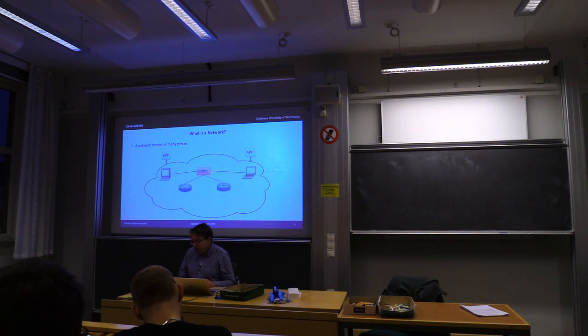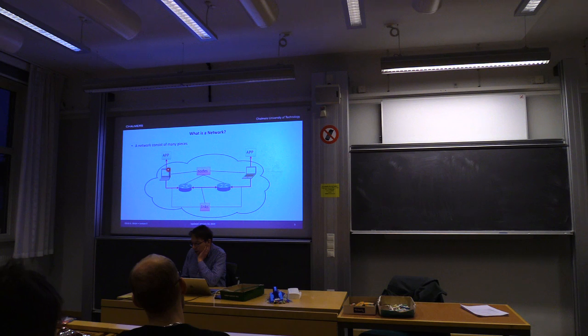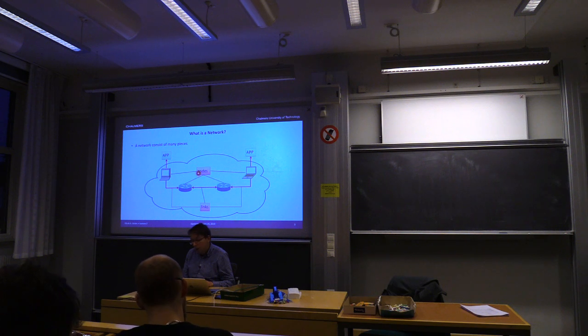Inside this network there is a bunch of different things, but we can distinguish them with some basic names. The boxes here are called nodes, and in between the nodes there are links. So that's the very basic classification of stuff.